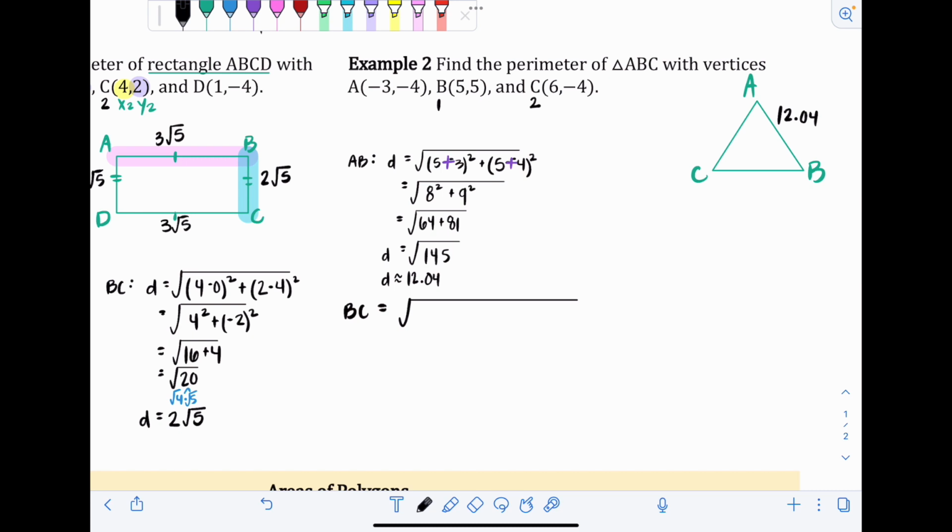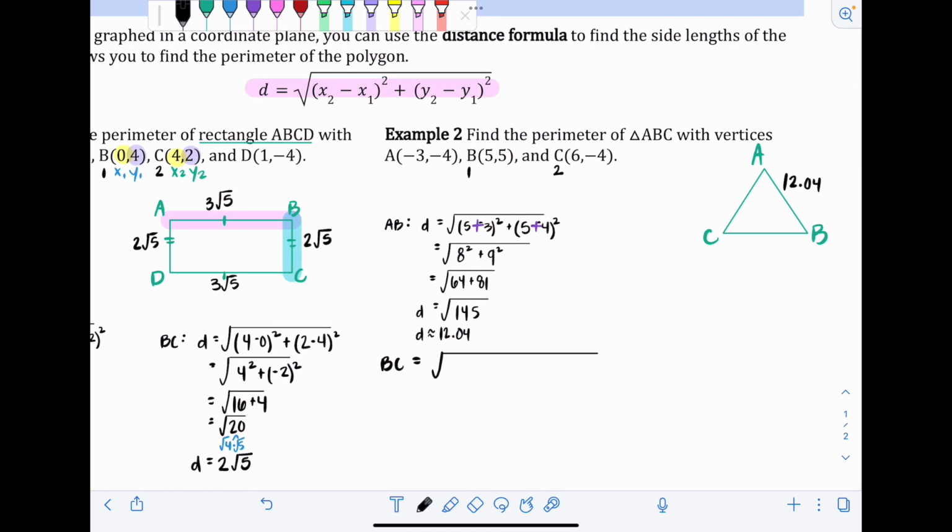So for my distance formula, it's x2 minus x1, so 6 minus 5, and then squared. And then for the other part, it's y2 minus y1, so negative 4 minus 5, squared, and then we'll subtract each.